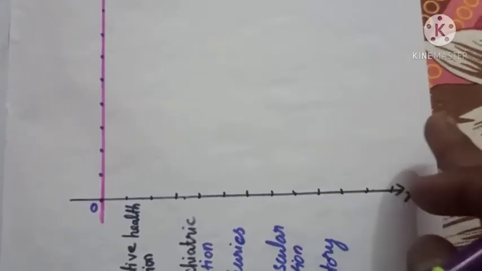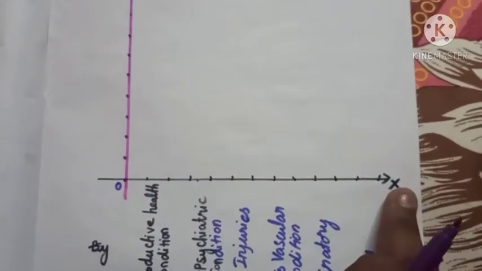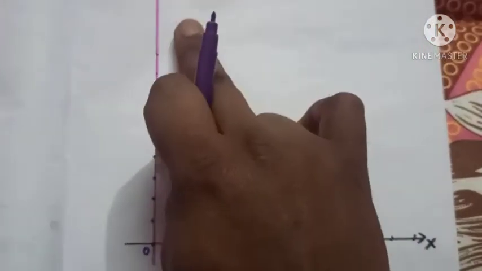So in the first question I have to draw a graph like this. This is the x-axis and this one is the y-axis.